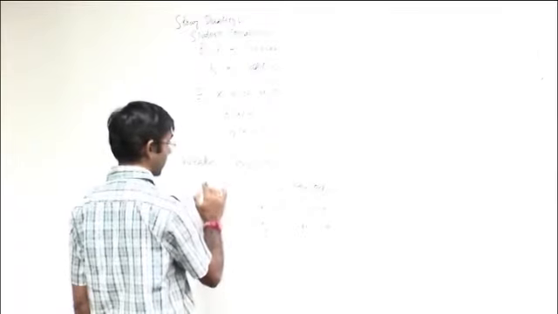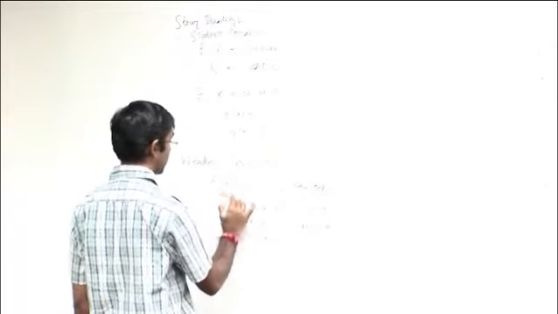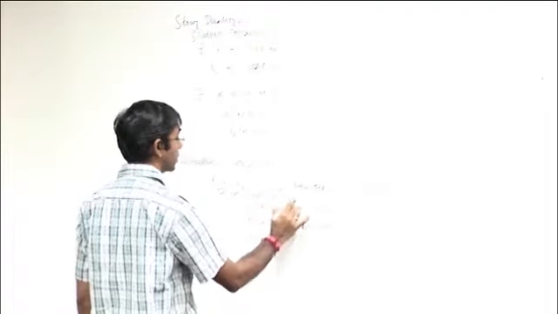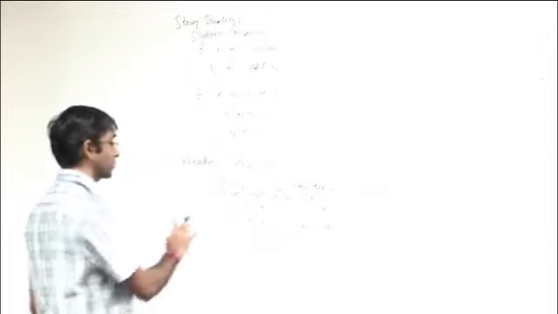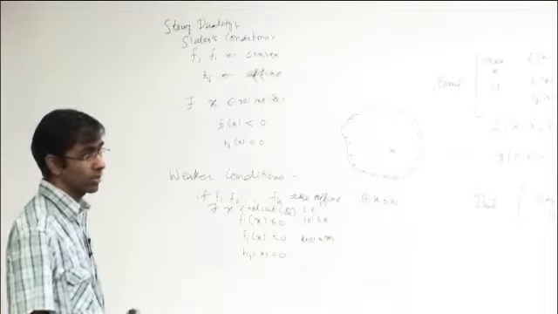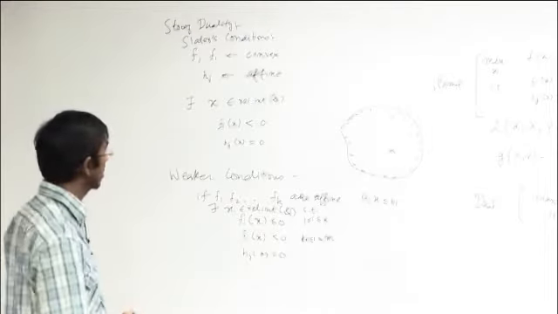So if this holds, then there exists x belonging to the relative interior of my domain such that this is satisfied. So these are a weaker set of Slater conditions.